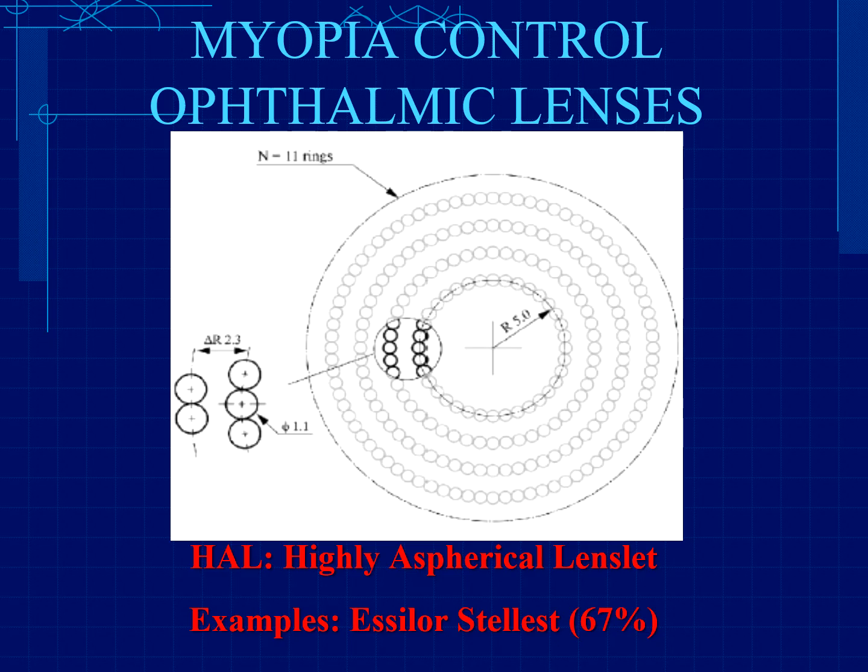The center part of the lens is about 5 millimeters, and the concentric rings around this clear area consist of small circles with a small diameter of 1.1 millimeters. The distance between the centers of these circles is about 2.3 millimeters, and there are 11 rings in the lens.